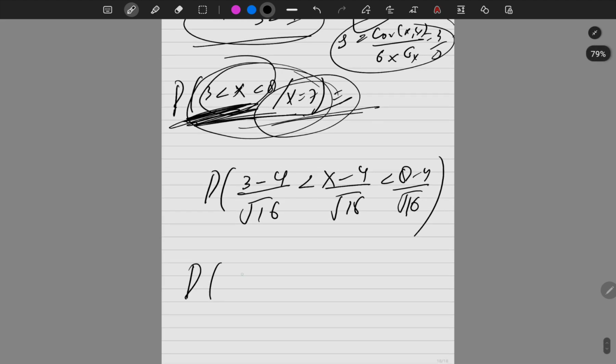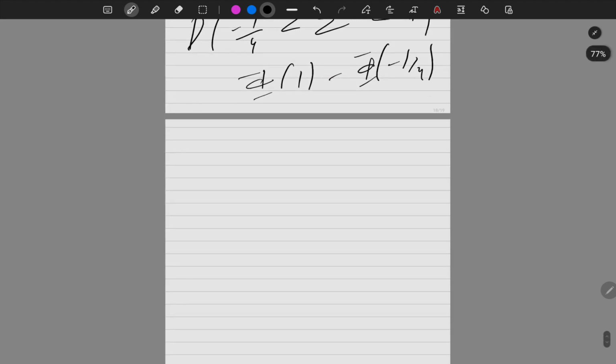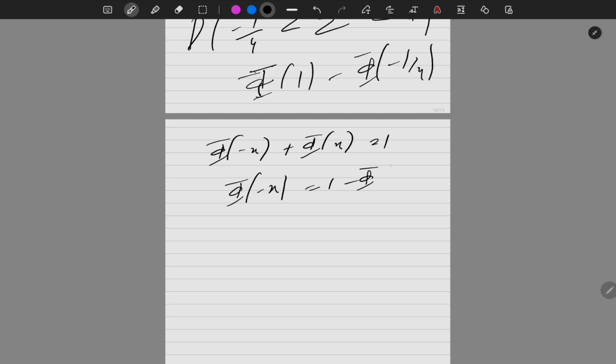Now probability minus 1 by 4 less than z, where z is standard normal, less than 8 minus 4 divided by 4 is 1, so this will be equal to phi of 1 minus phi of minus 1 by 4. And you know that phi of minus x plus phi of x is equal to 1. So phi of minus x would be 1 minus phi of x. So in place of this, we will write phi of 1 minus, what is this? This is 1 minus phi of 1 by 4.